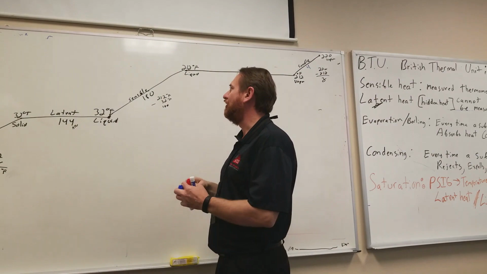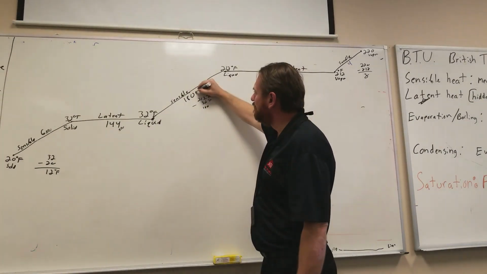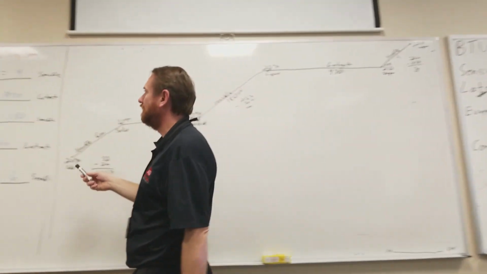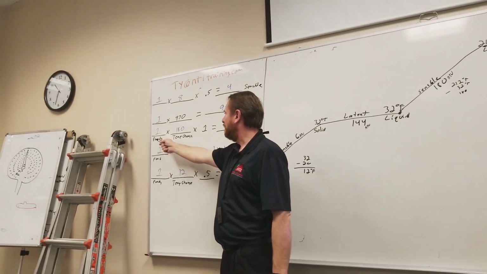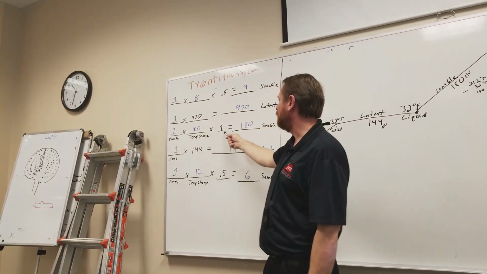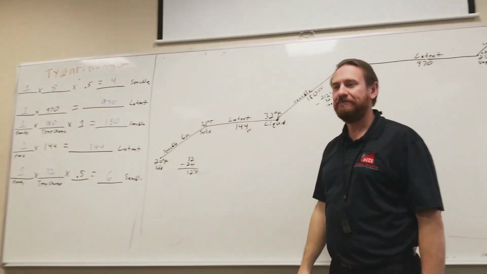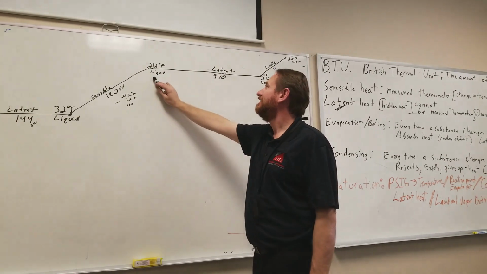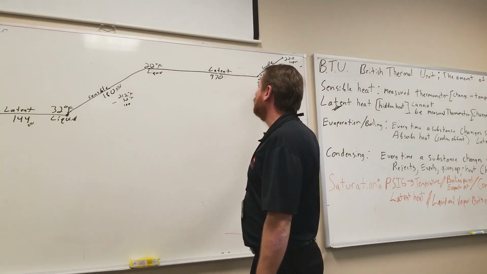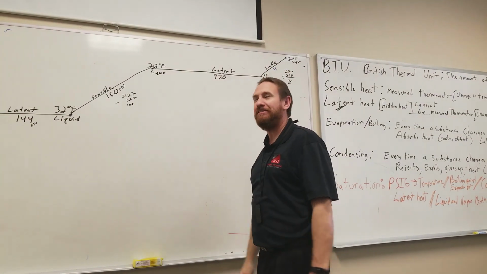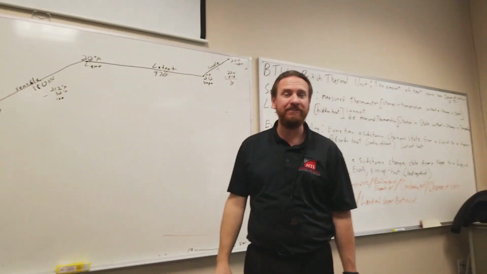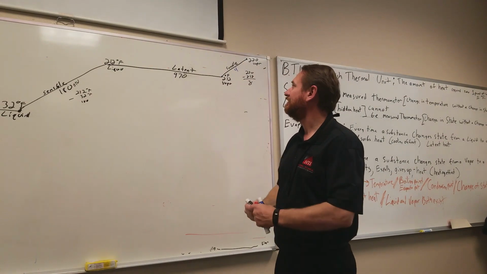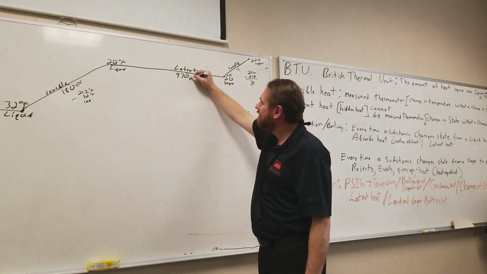I have to put in that 180 BTUs, sensible heat. So here we got for heat, 1 pound times 180 temperature change times 1 is 180. So 180 BTUs there. Now I got to change state again from 212 liquid to 212 vapor, 970 BTUs per pound. 970 times 1 pound is 970, so it's 970 BTUs.